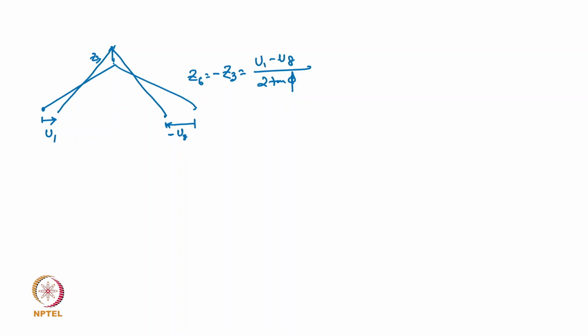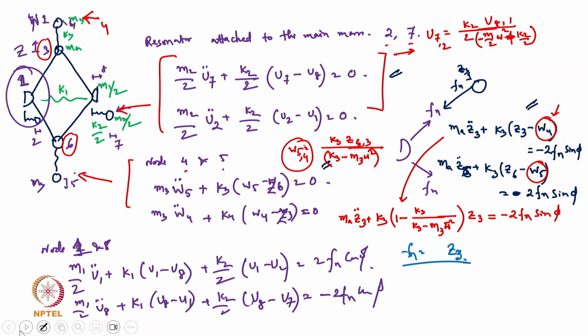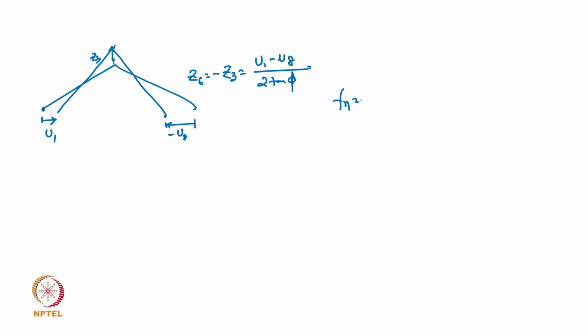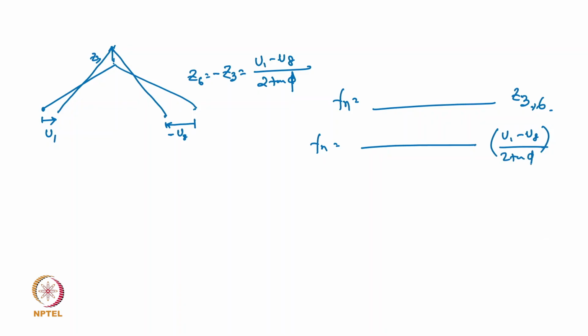Once we got that, and previously we have seen, we can write fn equal to some function into z3 or z6. So now fn can be written as some function into u1 minus u8 divided by 2 tan phi. We can write it because we can substitute that one here.